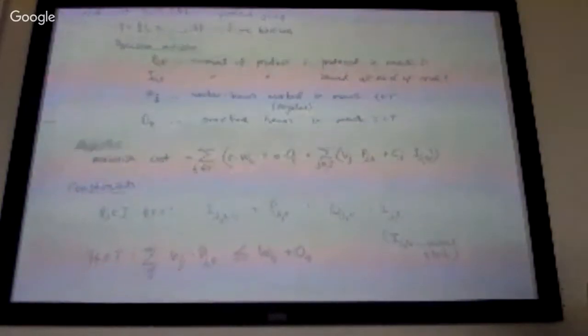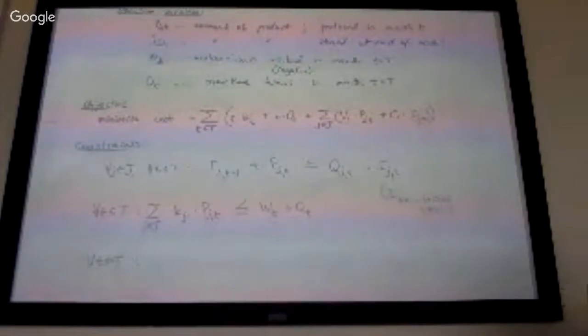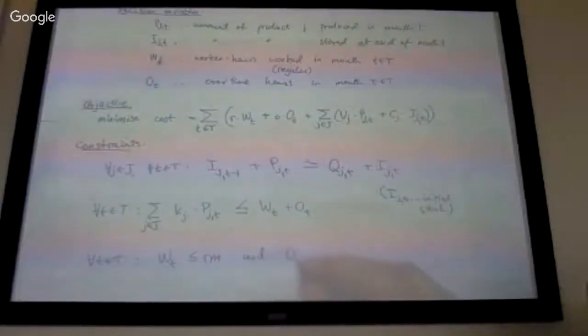And we must make sure that we're not using more than is available, so W_T no more than R_n, and O_T is no more than 1 in every 5 worker hours that we're using.